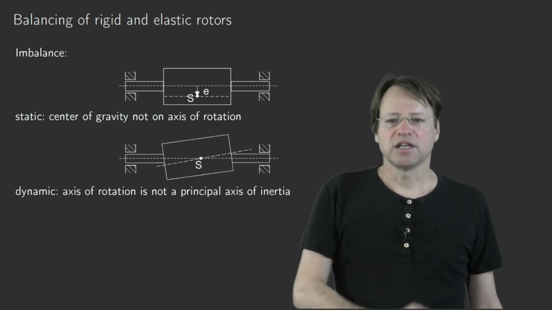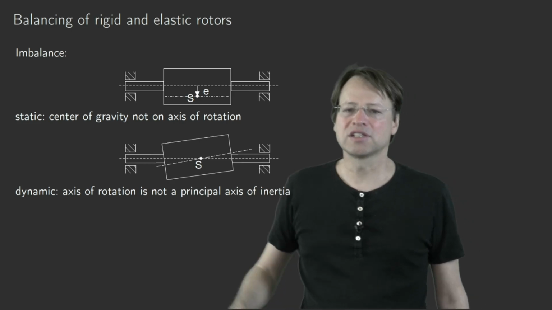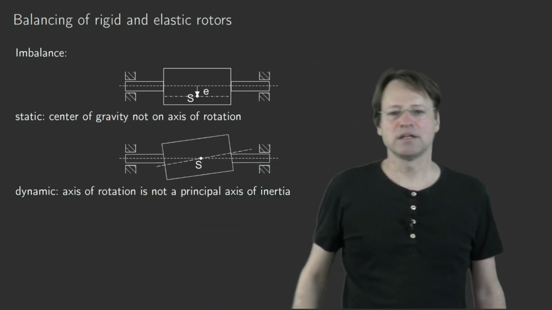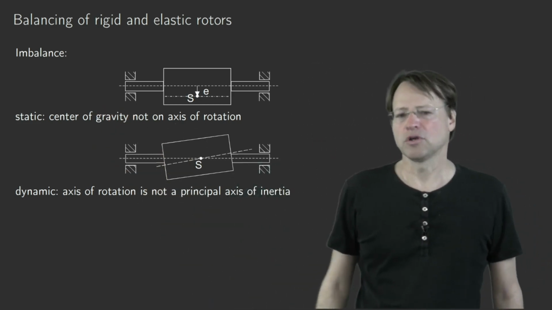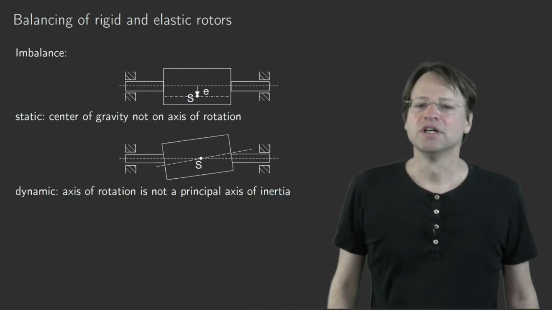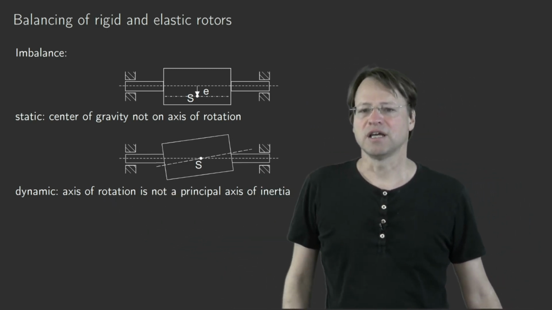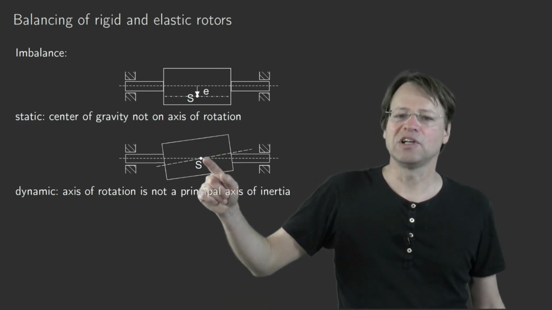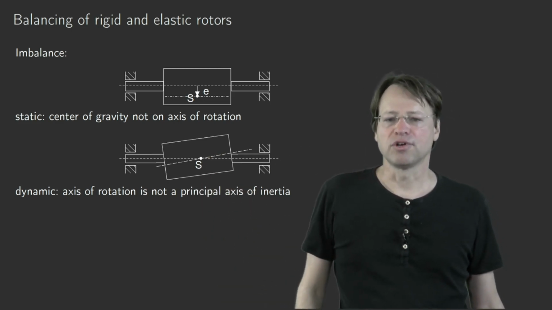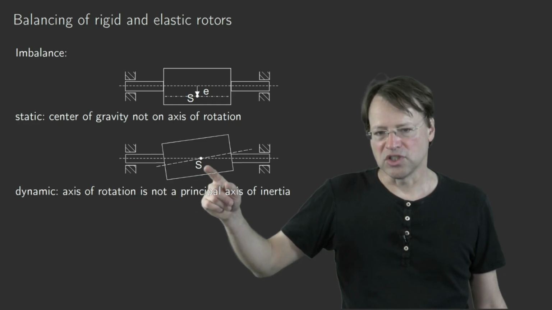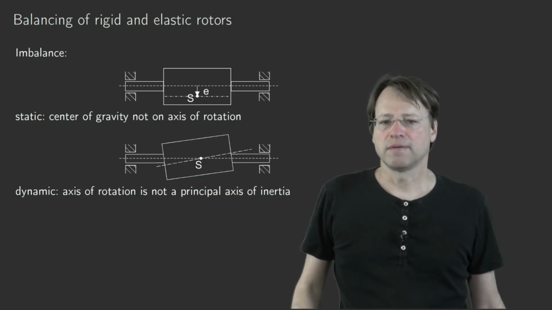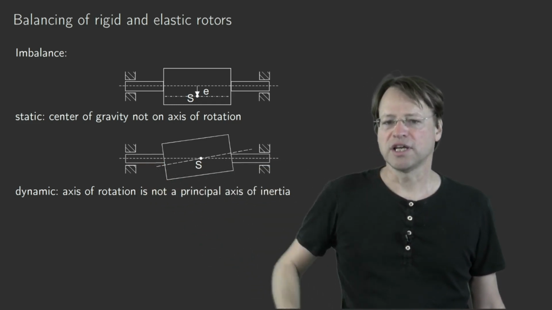Now there is a second kind of imbalance. I termed this kind of imbalance a static imbalance. Well, the terminology could be doubtful, but I think it makes a little bit of sense. The other one is a dynamic imbalance, namely it is not related to the center of gravity. That is, as you can see here, aligned with the axis of rotation.